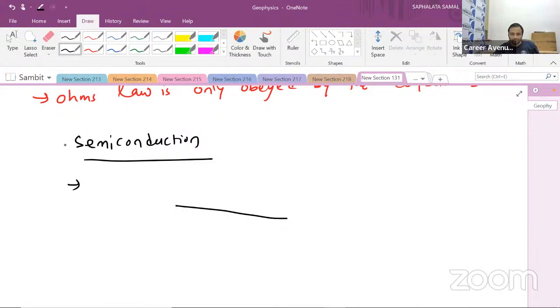Suppose I have a semiconductor. The sun's ray falls on the semiconductor. The sun ray is giving some energy. That energy will excite the electrons. The electrons will move from one part to another after excitation and leave their own place.